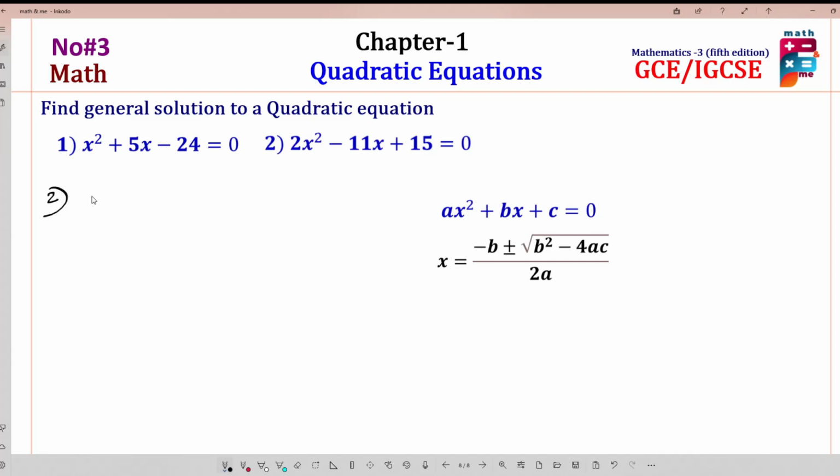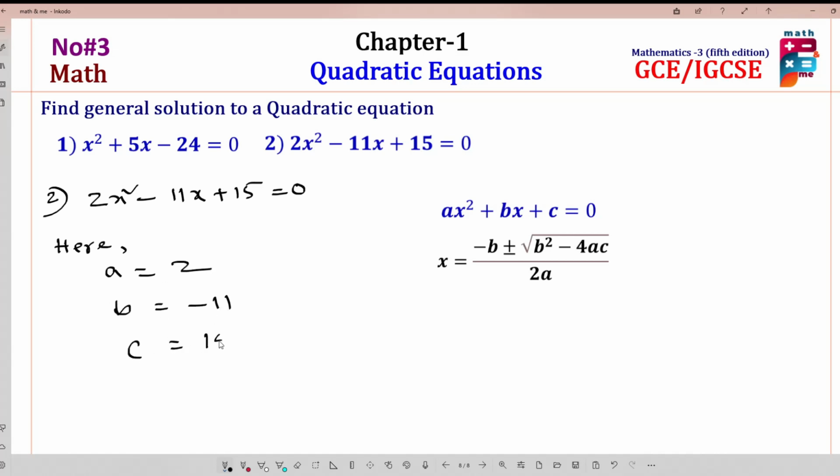Number 2: 2x squared minus 11x plus 15 equals 0. Okay, so here a equals 2, b equals minus 11, c equals 15.